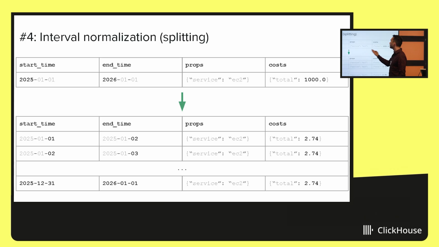The first thing is splitting up of the records. You can see here that we have a record that's a year long and for $1,000. And we split it up into each day. The end goal is that every single record in the aggregated table has the same length. And so we split this up into 365 records and insert them into the aggregated table.